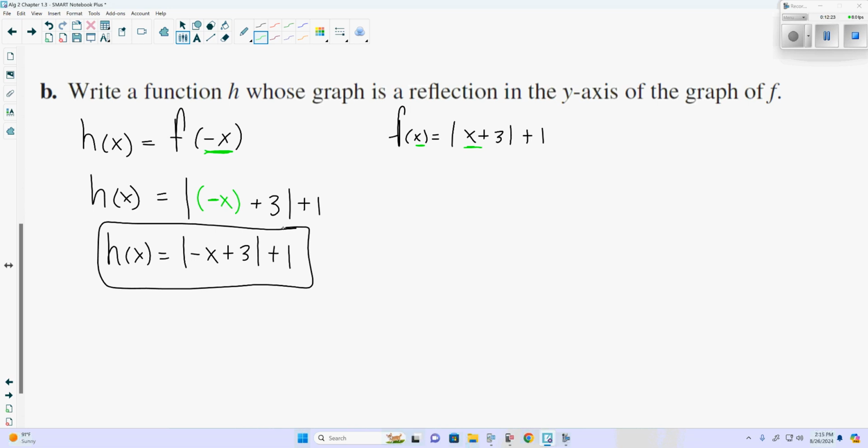Now, we won't get there today, but we can apply other transformations. We can do more than one transformation to these functions. And really, it's nothing more difficult or harder than what we've already done. Because we would do like this here. I applied a reflection in the y-axis. Then we could say we translated it up 4.